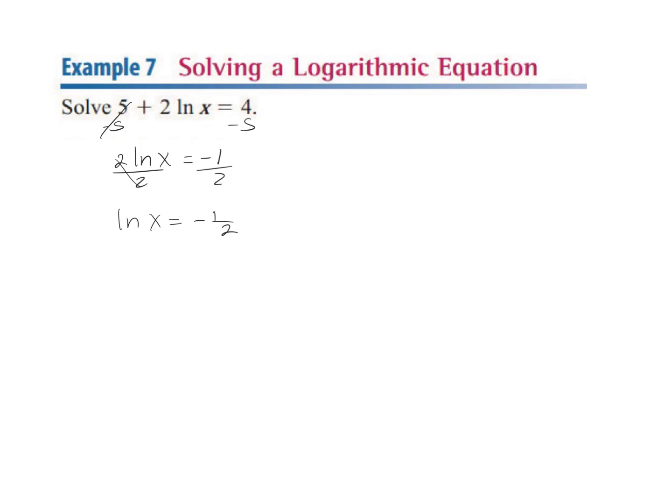Now in order for me to get rid of this ln, I would put an e on both of these. So the e and the ln cancel, which will leave me with x is equal to e to the negative half power. I plug that into the calculator, and I get x is equal to 0.607.